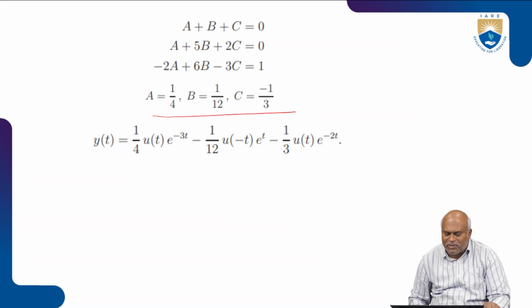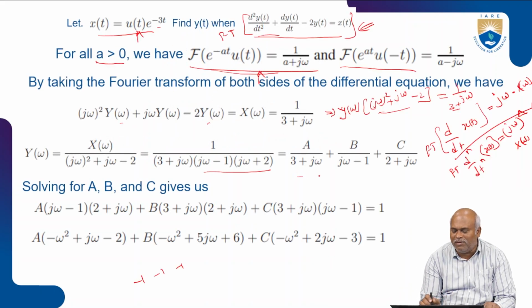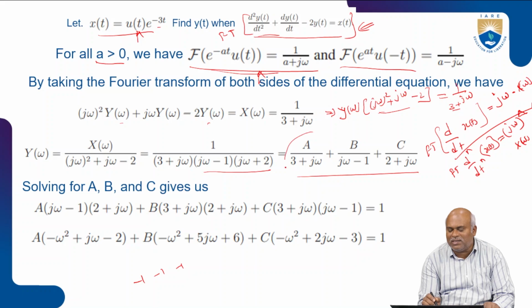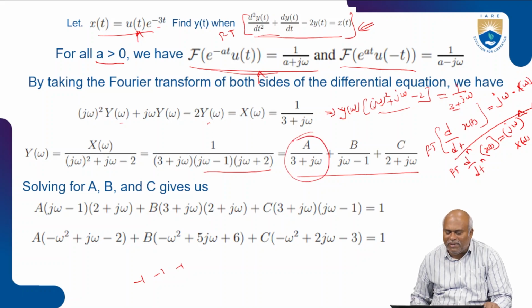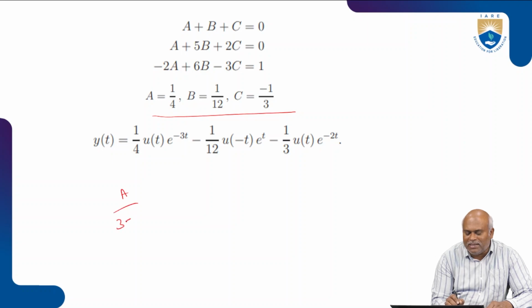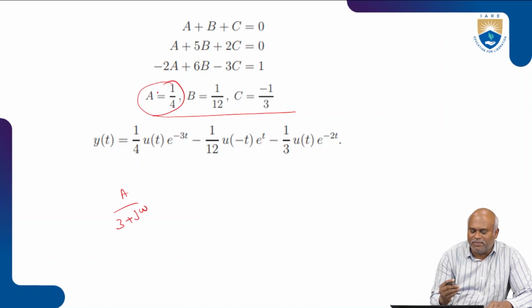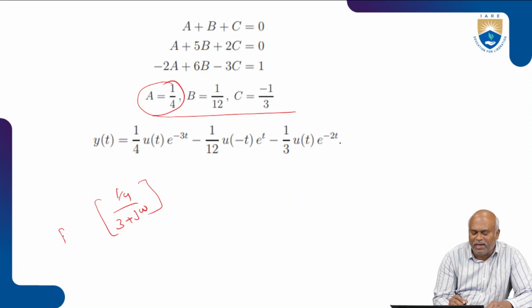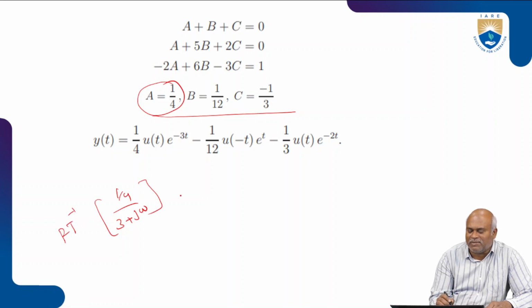Now we need to substitute the A value, B value and C value here. We take A divided by 3 plus j omega. A we found, A is equal to 1 by 4. Substitute here, A equal to 1 by 4. So we take the inverse Fourier transform.